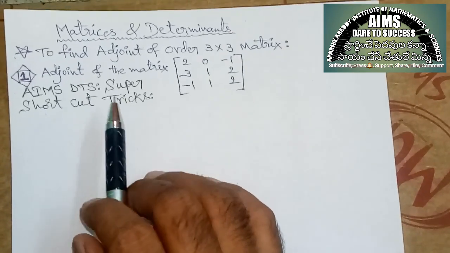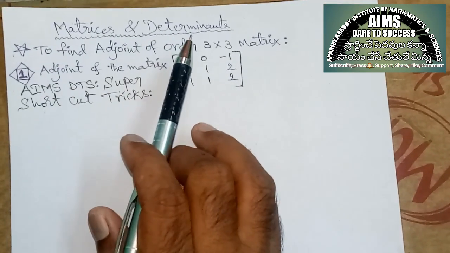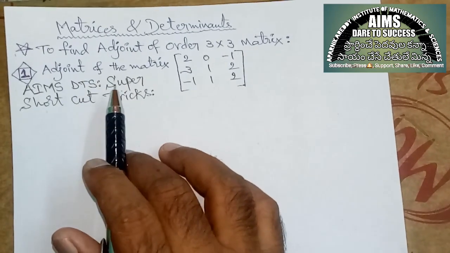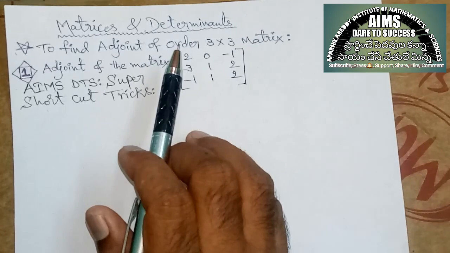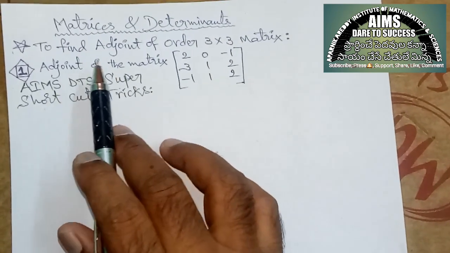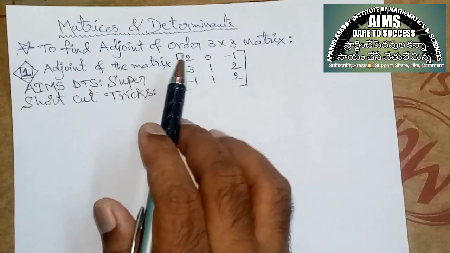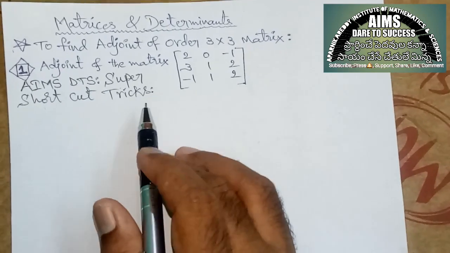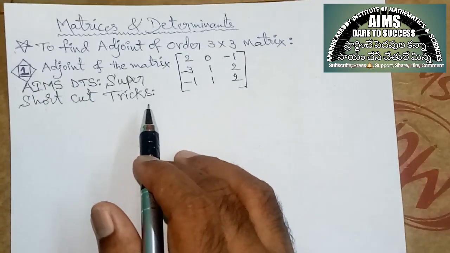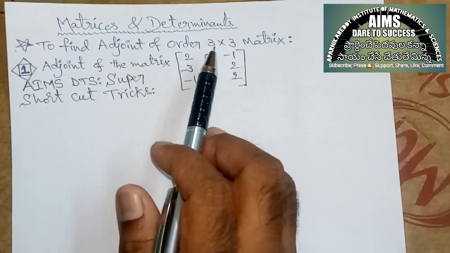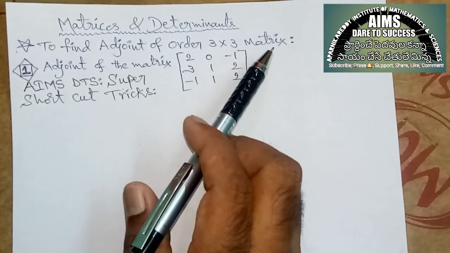Today I want to discuss with you the concept of matrices and determinants. In this chapter, how to find the adjoint of an order 3 by 3 matrix. Already I have discussed with you how to find the adjoint of an order 2 by 2 matrix.